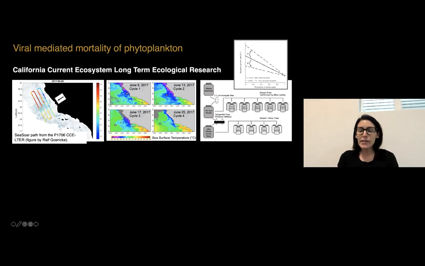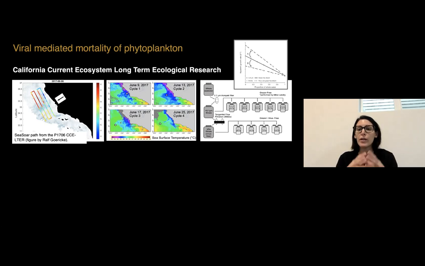And to study viruses, she wanted to use what's called a modified dilution assay. In this assay, oftentimes researchers are looking at grazers and the impact grazers have on phytoplankton mortality. And there's also the modified dilution assay, which is looking at viruses.